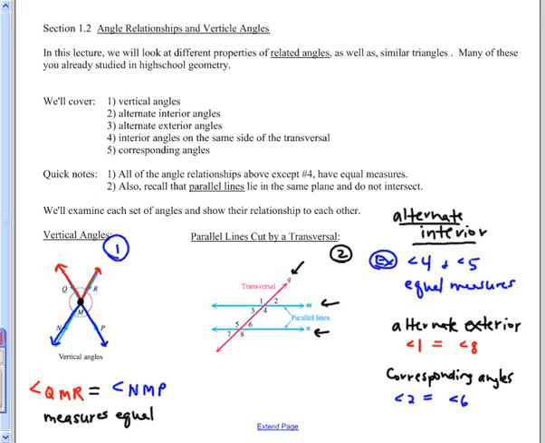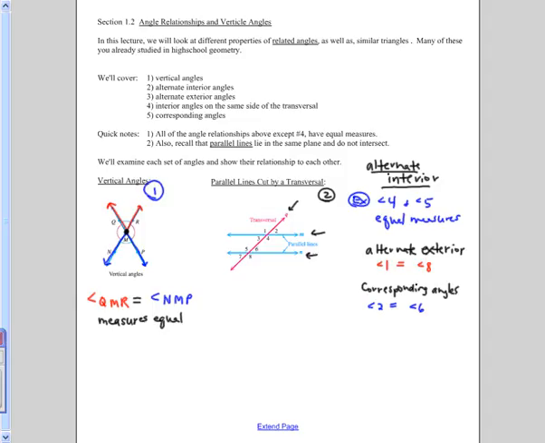Now let's look at that last relationship, the interior angles on the same side of the transversal. We'll just call that interior same side for sake of writing. Obviously, interior means they need to be between the parallel lines, and the same side means the same side of the transversal. So an example of that would be angle 6 and angle 4. Now notice I'm not setting them equal.